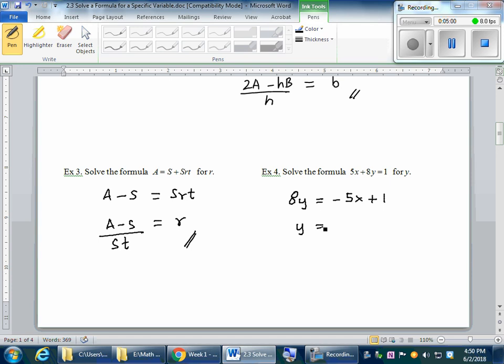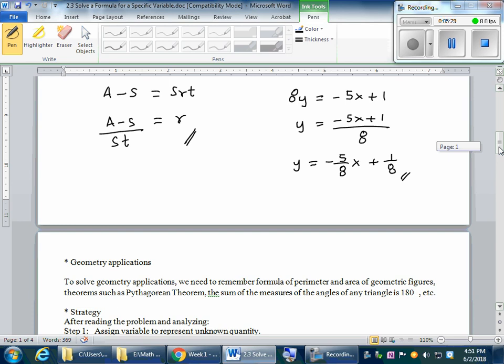So y is equal to negative 5x plus 1 divided by 8. And I would like you to write it in this format, which is splitting up these fractions, plus 1/8. Okay? Because this will be the format that we will use again in the future to draw the equation of a line. So these are solving literal equations.